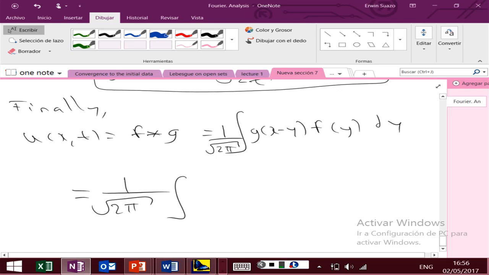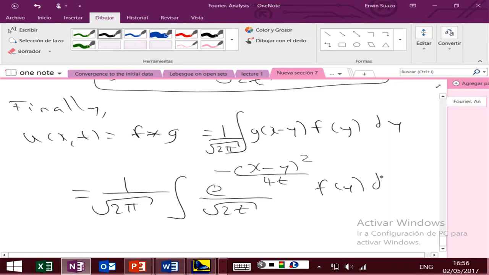It's the heat equation. So now g is going to be e to the minus (x minus y) squared over 4t, divided by square root of 2t, and then f of y dy.